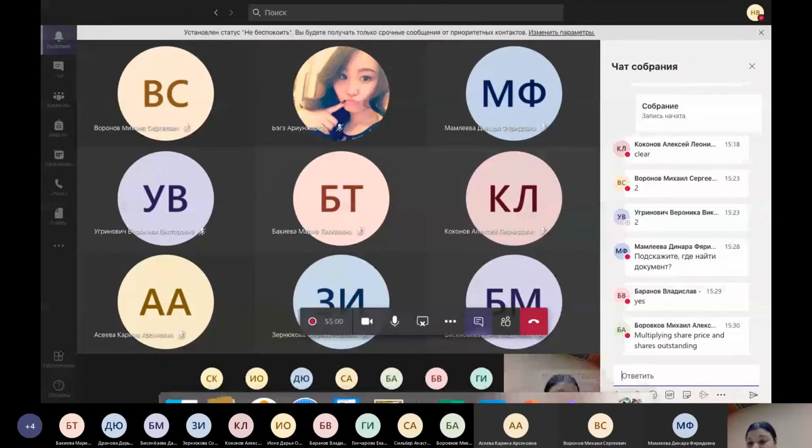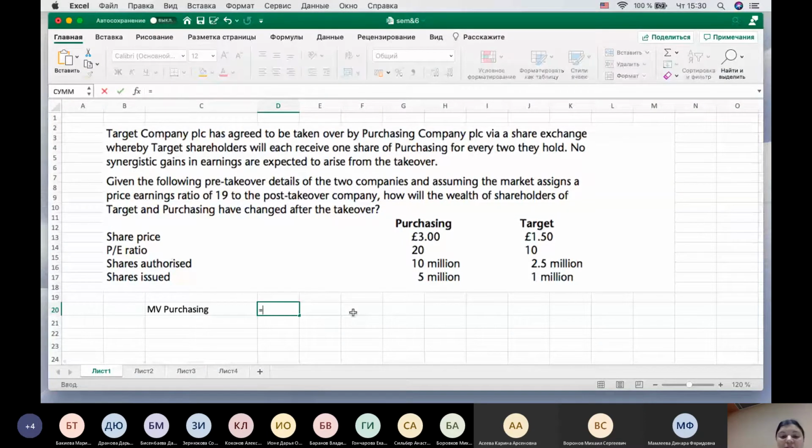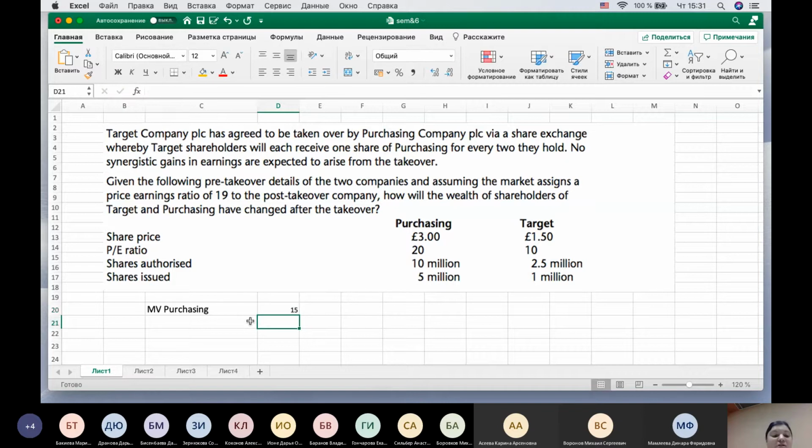Multiplying share price by shares outstanding. Mikhail, thanks a lot for your answer. Exactly. In other words, it will be 3 pounds per share multiplied by 5 million shares issued. And so it will be 15 million for the first case.